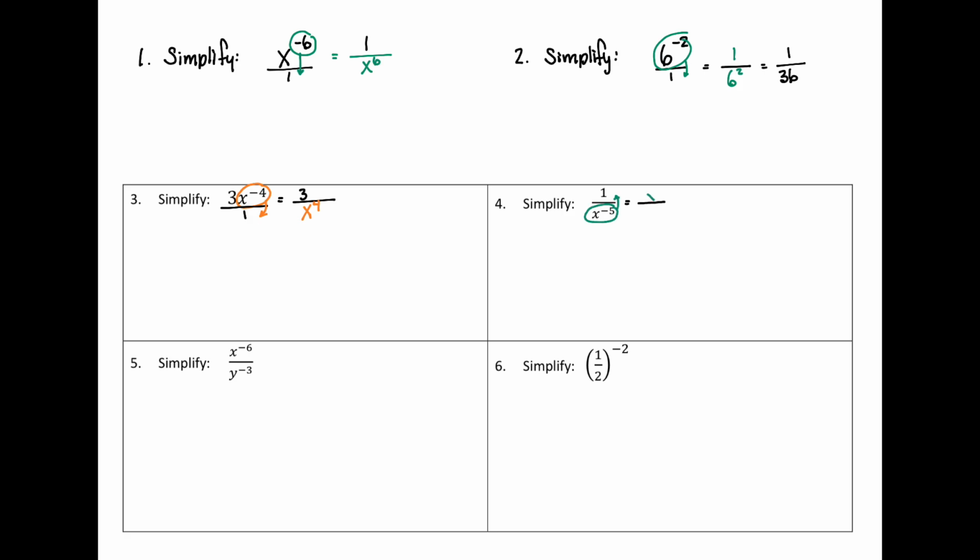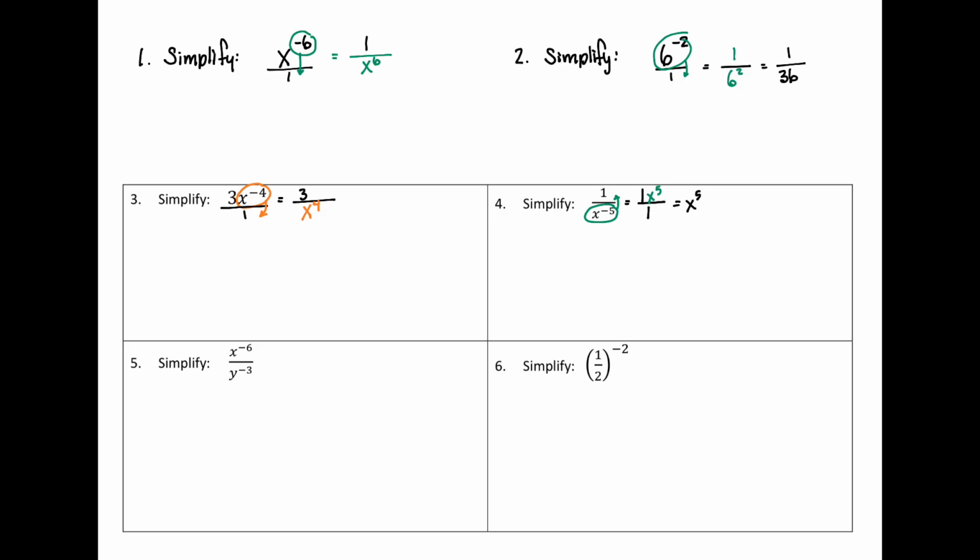So now it is x to the 5th. That 1 can stay there. And now what's left on the bottom? A 1. We don't need this 1 because a fraction with a denominator of 1 never needs it. And we don't need this coefficient 1 because that's also never needed. Your answer is just x to the 5th.